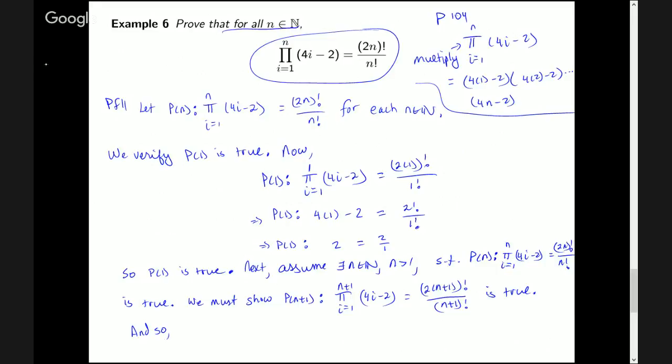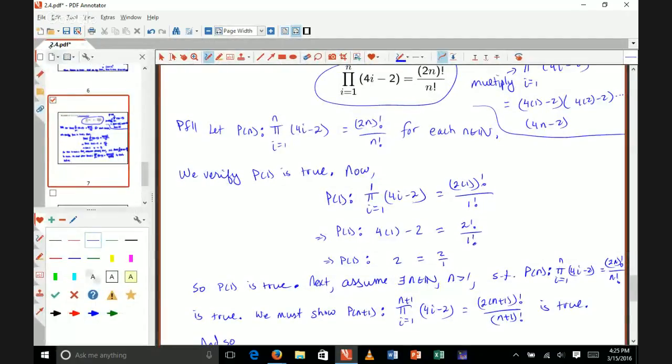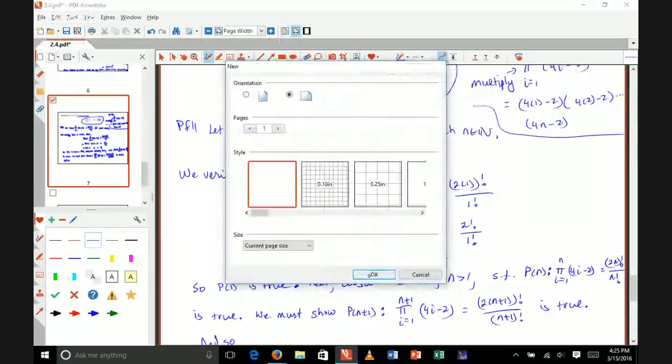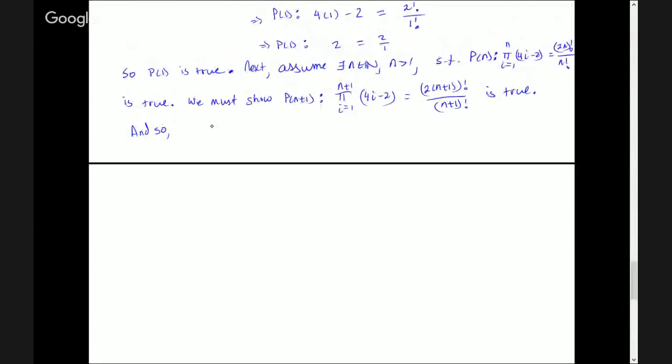So let me go get some more paper. So let's write it down. If I center this, I'm going to center it starting on the next page.